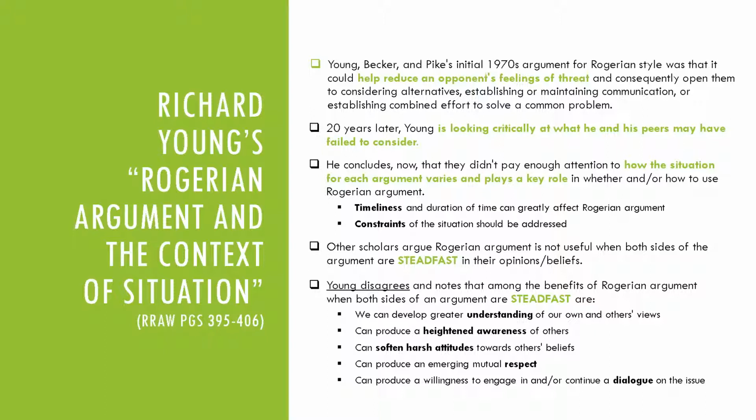Again, if the goal of Rogerian is not to win, but to keep a dialogue open, understand each other, move things forward, maybe learn from each other's viewpoints, he's saying there's still benefits to using Rogerian argument even when both sides are really steadfast on their opinions. So here's some of the benefits that he pulls out.